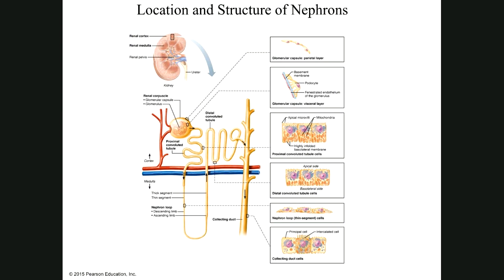The descending part is very thin, and then suddenly it's very thick when it becomes ascending. It is thin also in some parts, but becomes very thick. The epithelium is cuboidal or columnar cells over here, and it is in contact with the distal convoluted tubule.